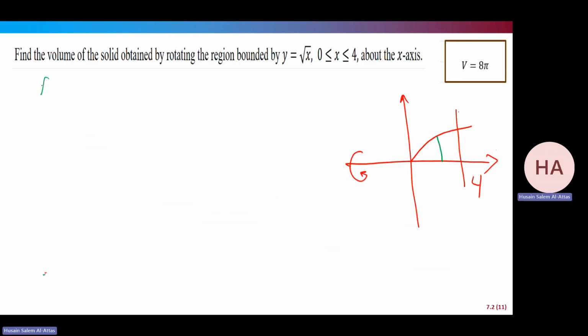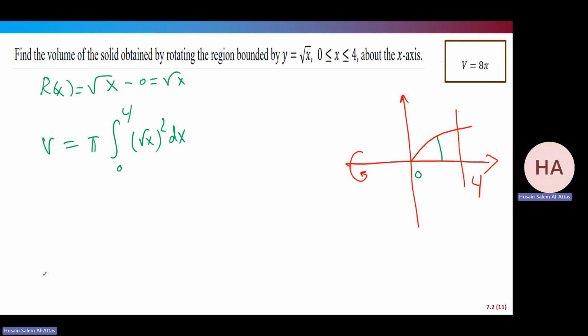Now what will be r of x? It will be square root of x minus 0, which is square root of x. And the region is from 0 to 4. So the volume V will be pi times the integral from 0 to 4 of square root of x squared dx.